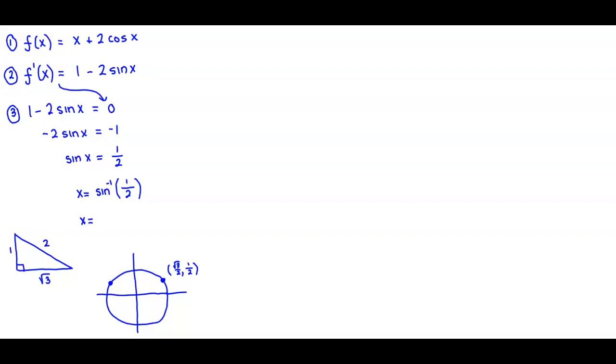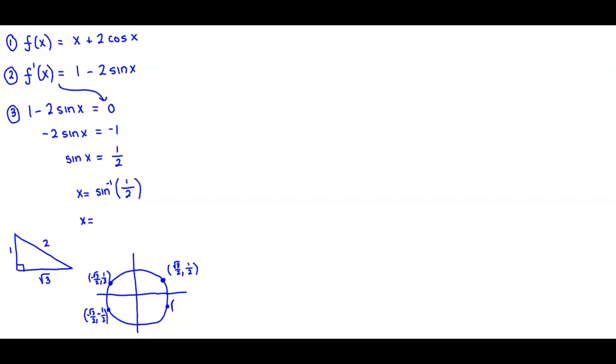Over here, this would represent negative square root of 3 over 2, and this is positive 1/2. Down here, we would have negative square root of 3 over 2, negative 1/2.